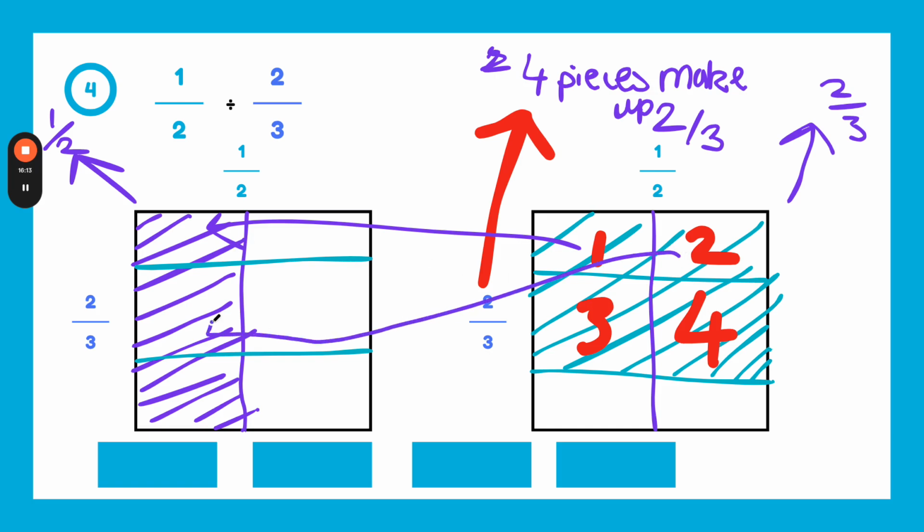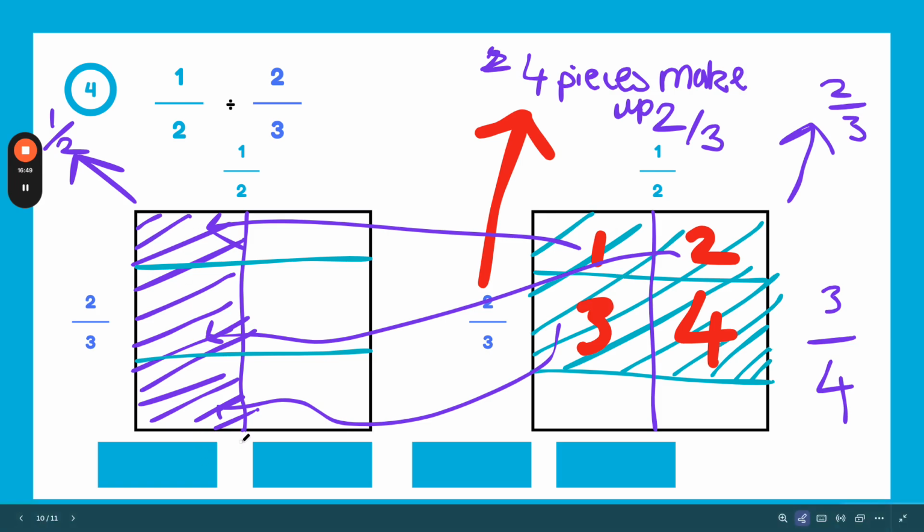The second piece comes here, and let's say the third piece goes over here. So only 3 out of the 4 have managed to fit into our first square over here, which means our answer is 3/4, because out of a half we have managed to get only 3 of the pieces to fit into our first square.